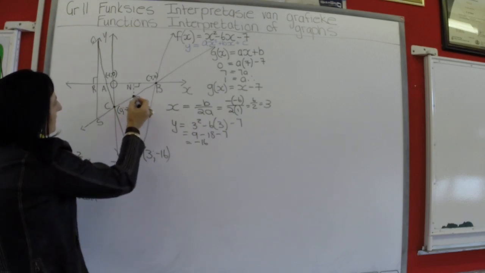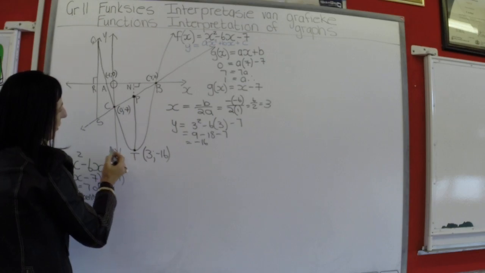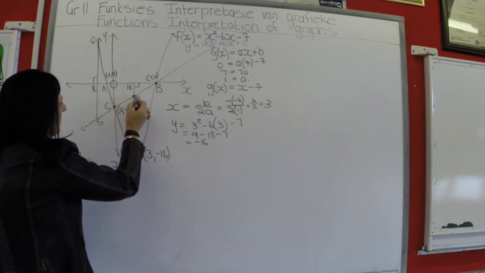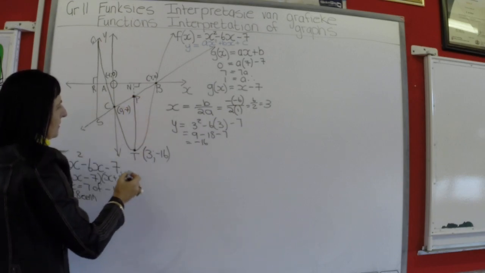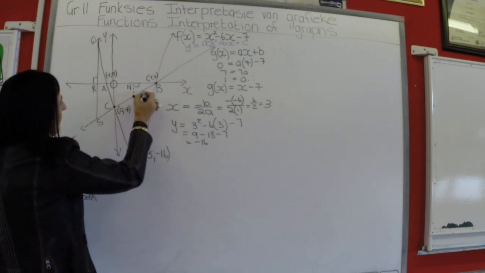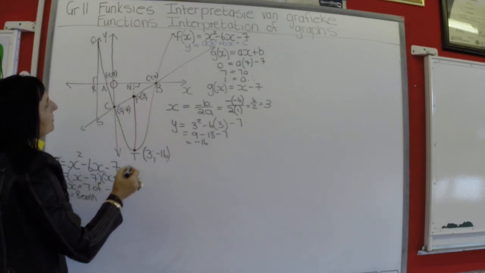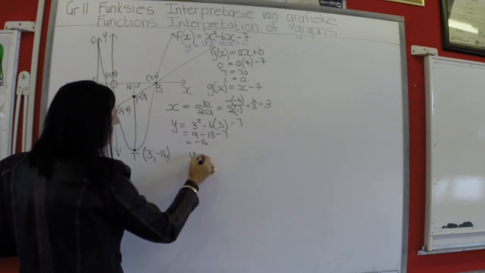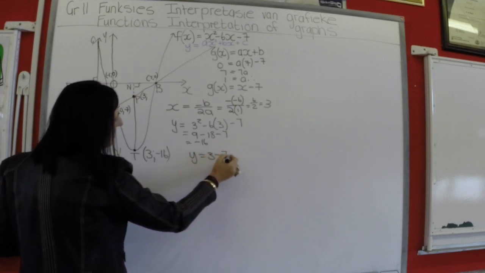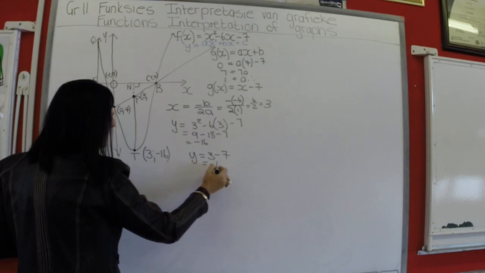So om hierdie lengte te bepaal het ek my y-waardes nodig. So I can substitute the value of 3 into the straight line because I know that x value is 3. So ek het y is gelyk aan 3 minus 7 en dit gee vir my minus 4.